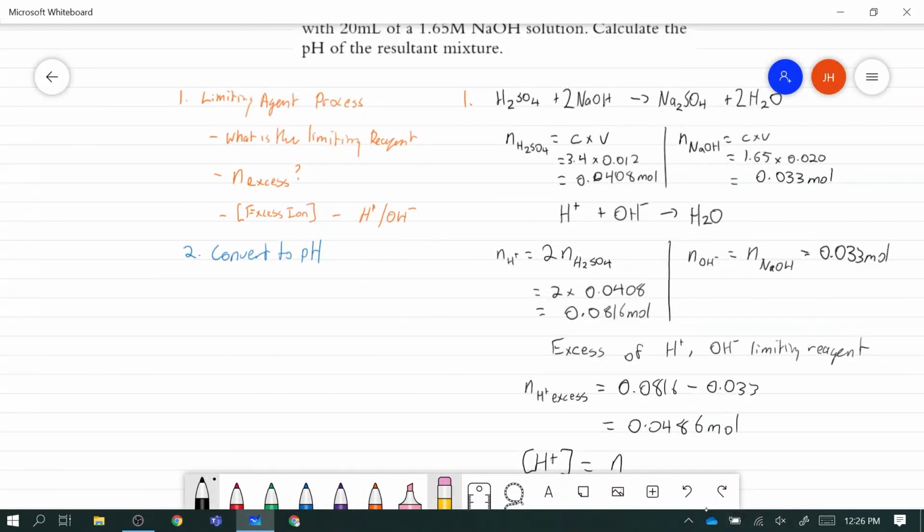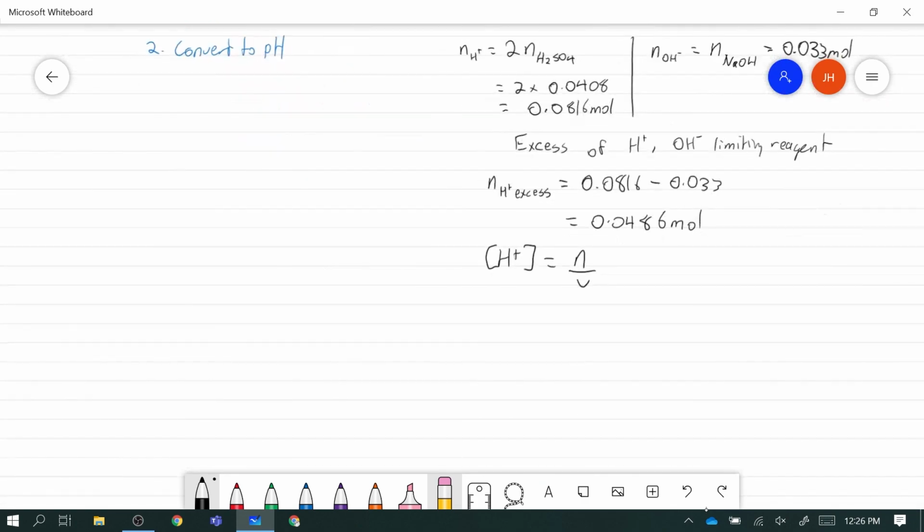So the total volume for this solution is not 12, it's not 20, it's actually 32 mL. So in this V part here, I need to substitute that in accordingly. Otherwise, we're going to end up with a wrong answer. Number of moles is, as we see up the top, our excess, 0.0486 moles. When we put that into our calculator, we should end up with 1.5 moles per litre.